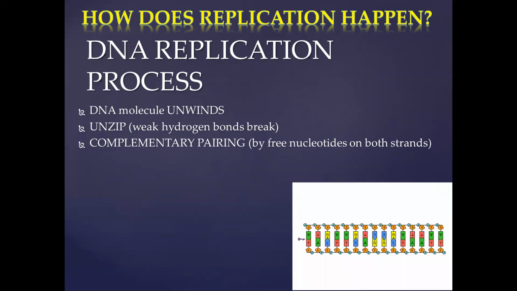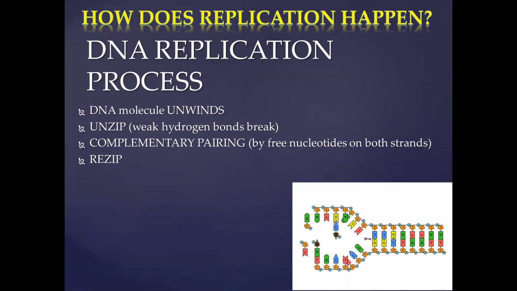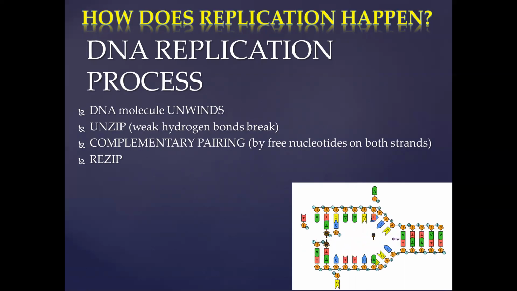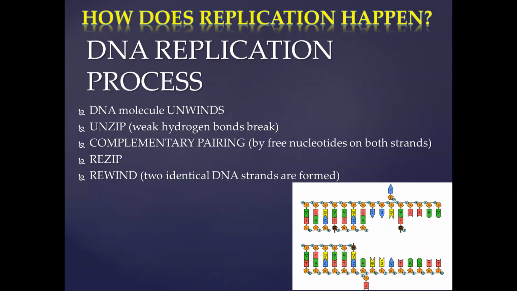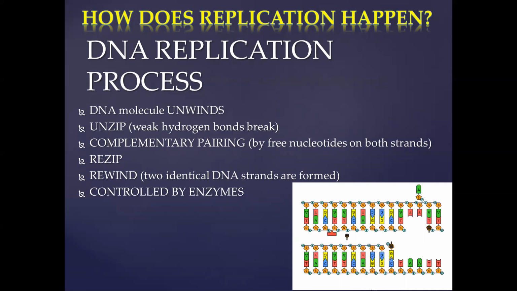We say that both strands acted as templates, and this complementary pairing is basically re-zipping on either side of the opened molecule. Then those two molecules of DNA that have formed will rewind and form two identical DNA molecules. And the entire process is controlled by enzymes.